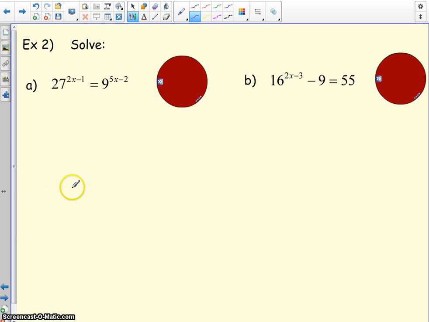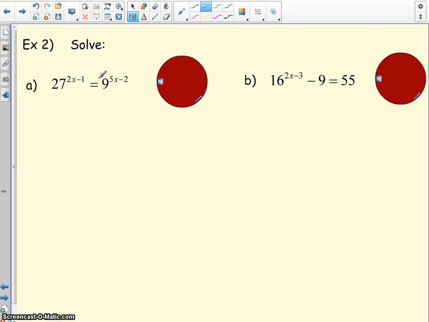Okay, so let's take a look at a few typical types of exponential equations you might have to solve. So here we have 27 to the exponent of 2x minus 1 equals 9 to the exponent of 5x minus 2. So right now there's absolutely nothing I can do to equate the exponents because both sides do not have the same base. So if I want to solve this one, I need to express both sides of the equation under the exact same base.